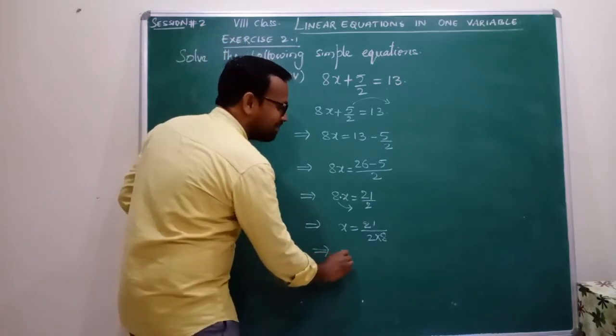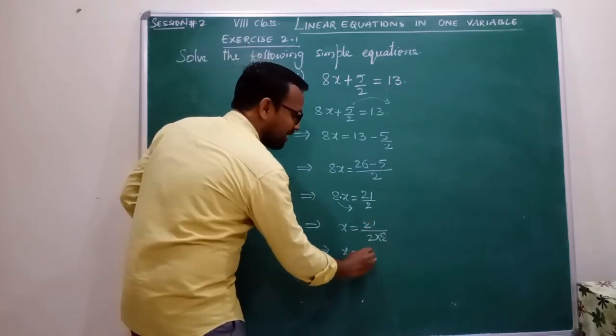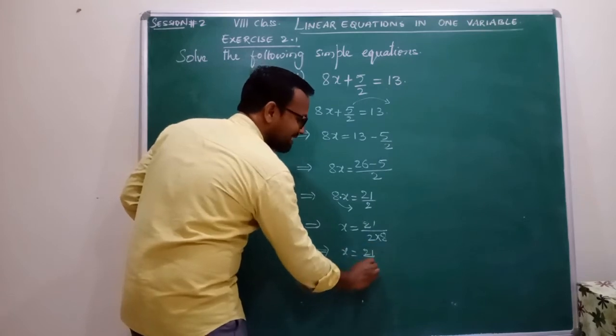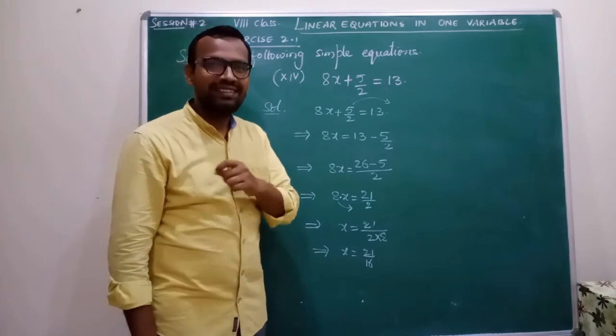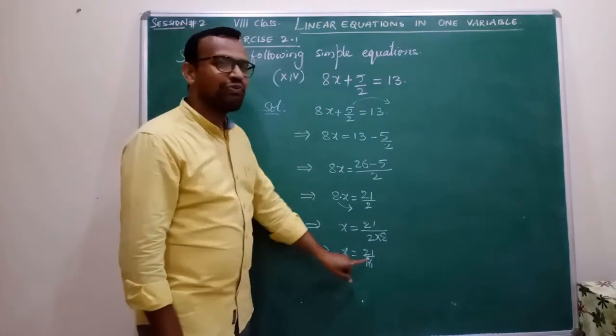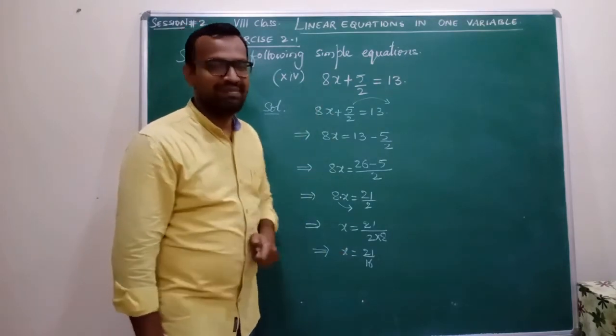Then x becomes 21/(2 × 8), and 2 eights are 16. So the x value we got is 21/16. Let me check whether the equation is true for this value or not.